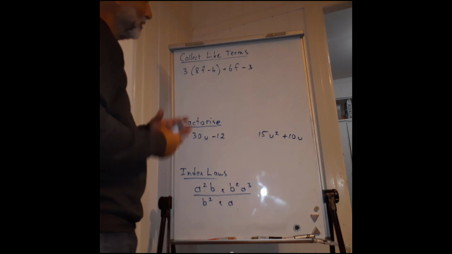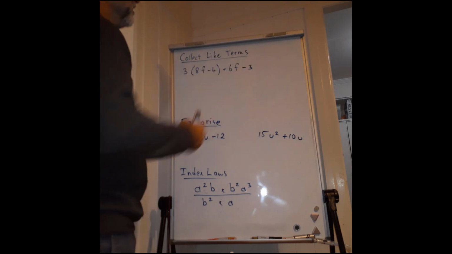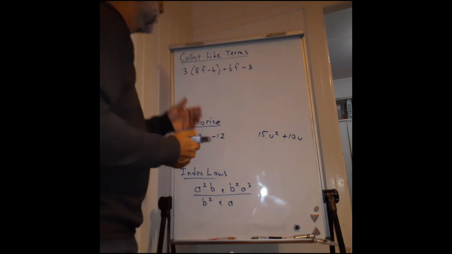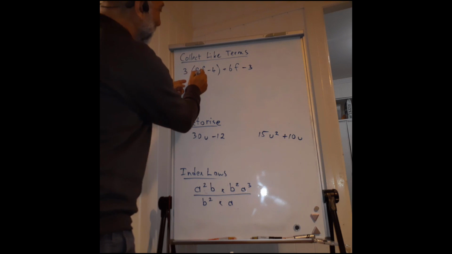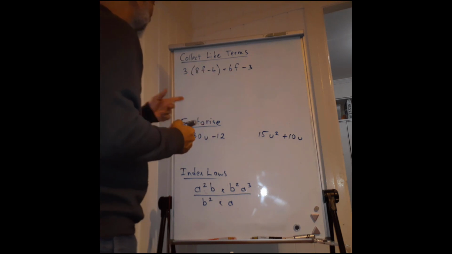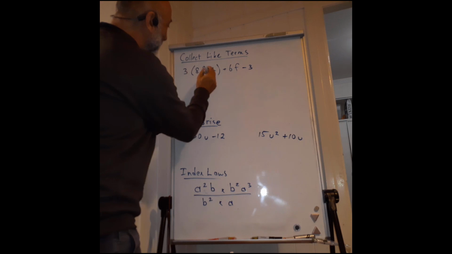Okay, so I think the first thing that we should do is expand everything out. That initially will make it look a bit messier, but that will allow us to collect this f here with that f there, and that's what we're actually trying to do. So let's times everything out. 3 times this plus, or 3 times this minus 3 times that.